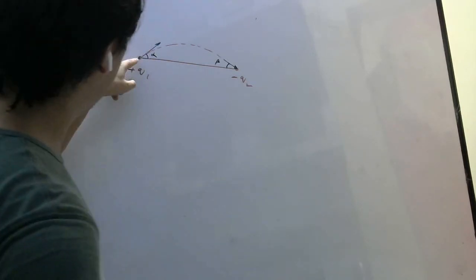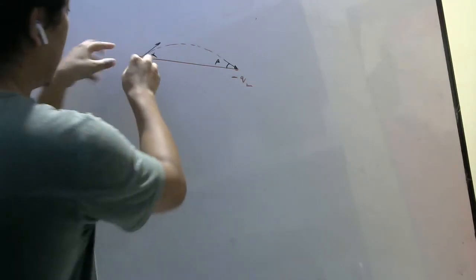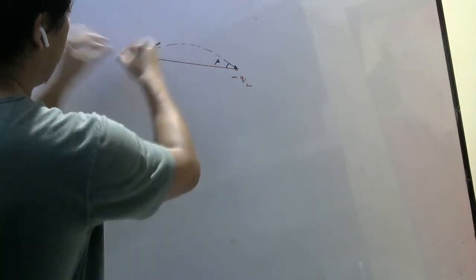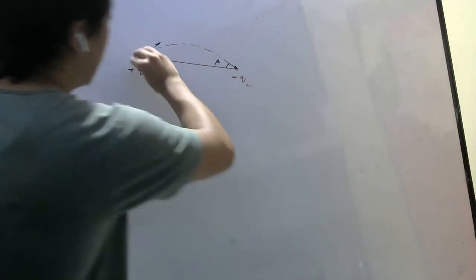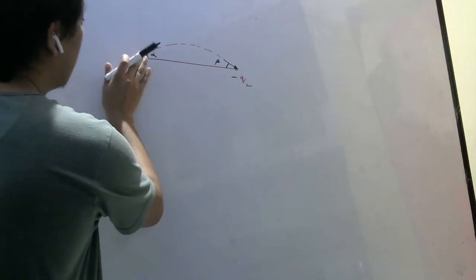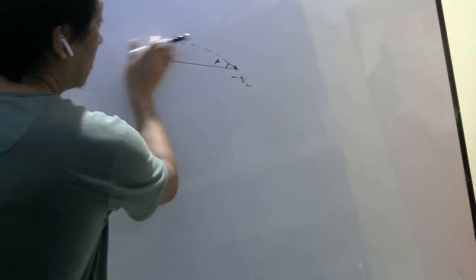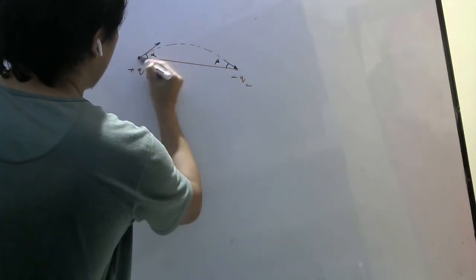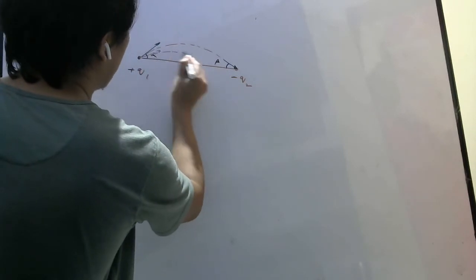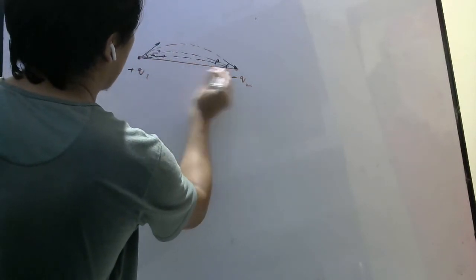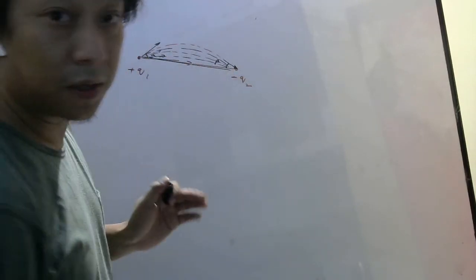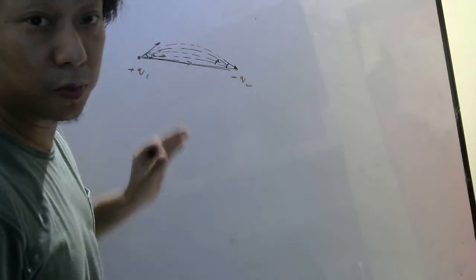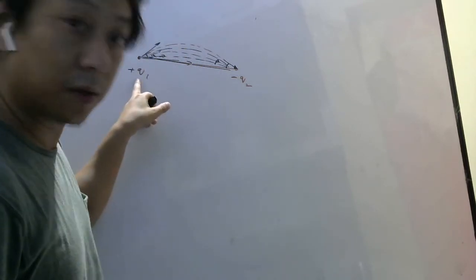Lines of electric field go in all directions for a positive charge. Some of those lines are bent and reach here. But one thing is very clear, whatever lines start from here must enter there. This line goes here, this line goes somewhere here, and this line goes straight here. And this number of lines is proportional to the charge. That is obvious, right?